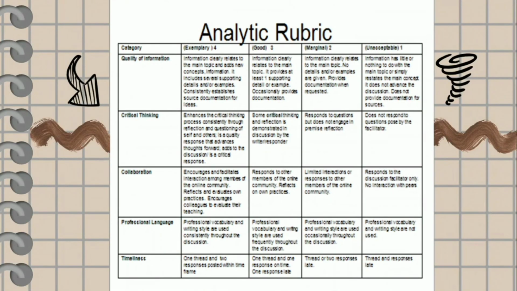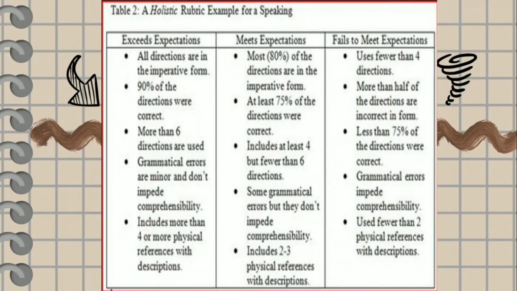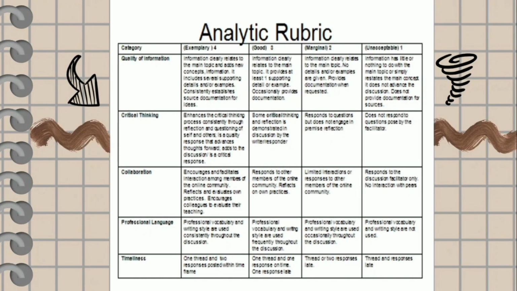So para mas makasabot mo sa difference sa analytic o holistic rubric, maghatag may example. So mao ni siya ang analytic rubric o mao ni siya ang holistic rubric. Kay di ba ang analytic rubric is two-dimensional, right? So kaning quality of information, critical thinking, collaboration, etc. Mao ni siya na belong ni siya sa levels of achievement.